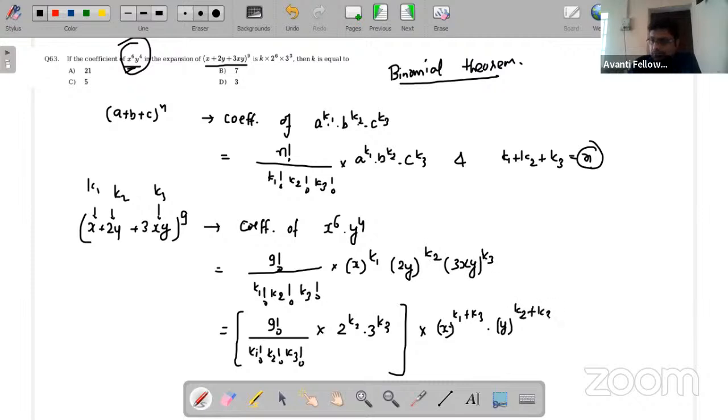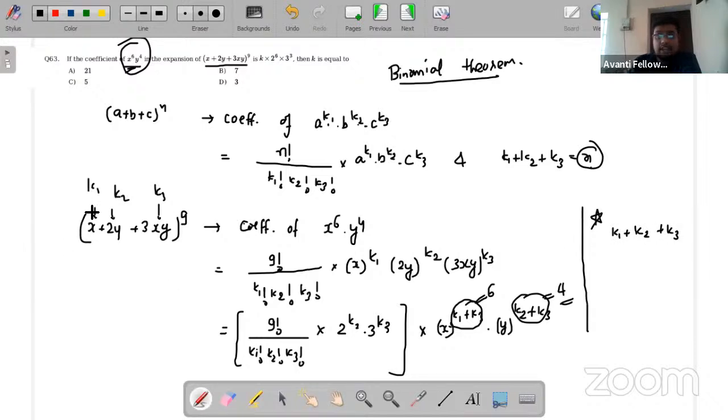Right or not? So now we can compare. We need to find x to the power 6, so it means k1 plus k3 should be equal to 6, and y to the power k2 plus k3 should be equal to 4. Also the important thing is the sum of all the powers, k1 plus k2 plus k3.